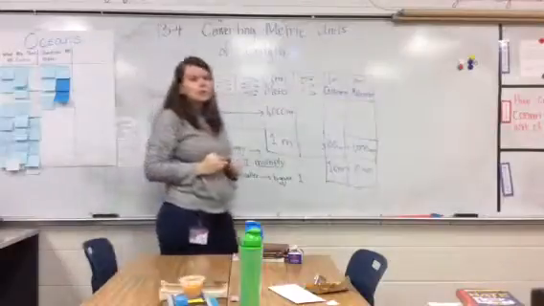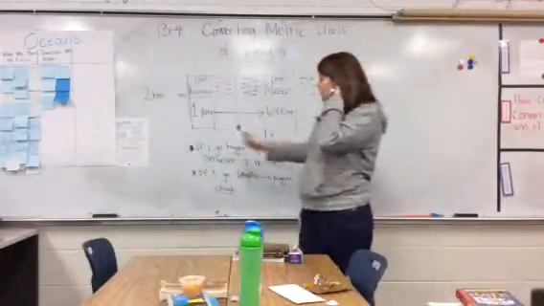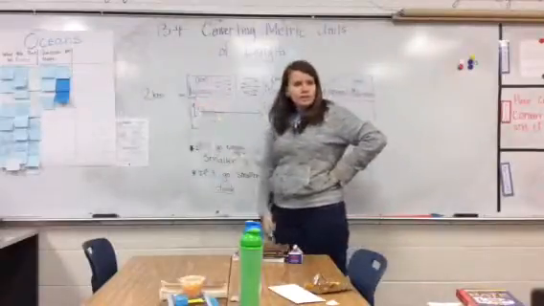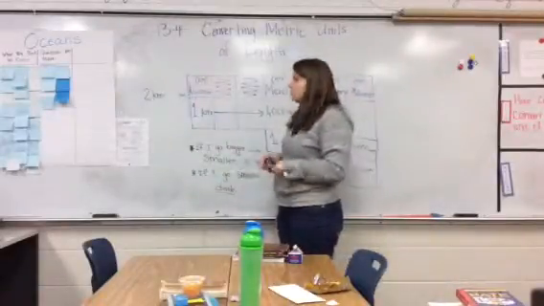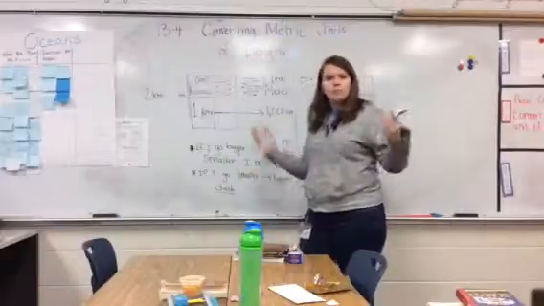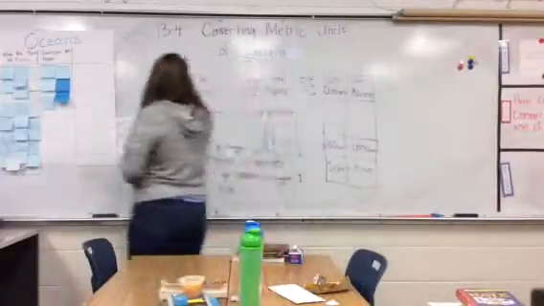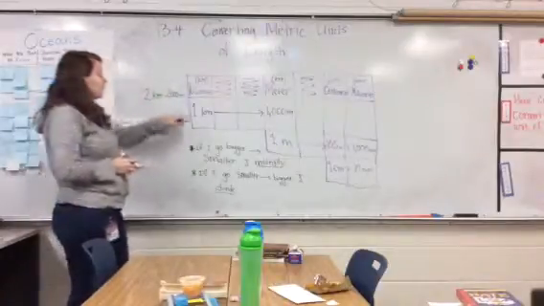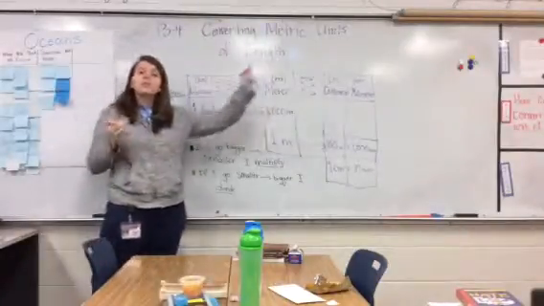How many meters would that be? Well, I know I had to multiply this by 1,000, so you just do the same thing there. So it becomes 2 times 1,000, that's 2,000, right? Boom. 2 kilometers equals 2,000 meters.